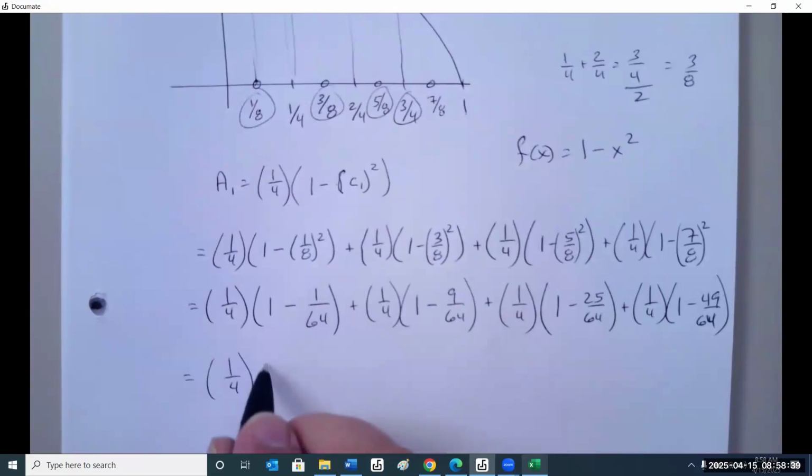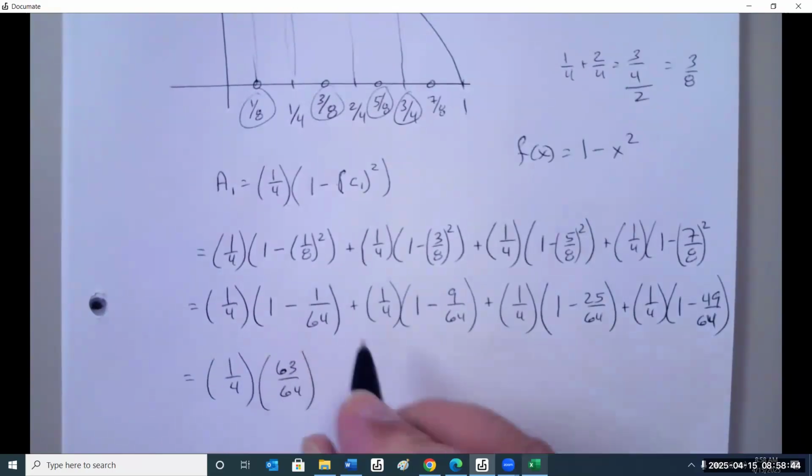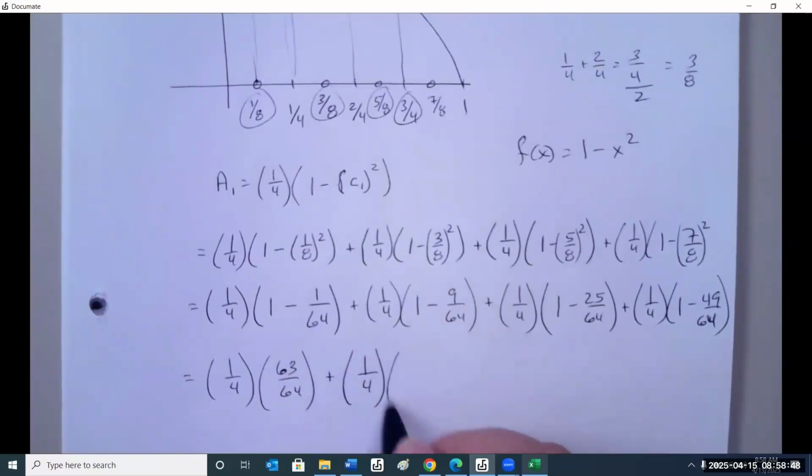One minus 1/64 is 63/64. One minus 9/64 is 55/64.